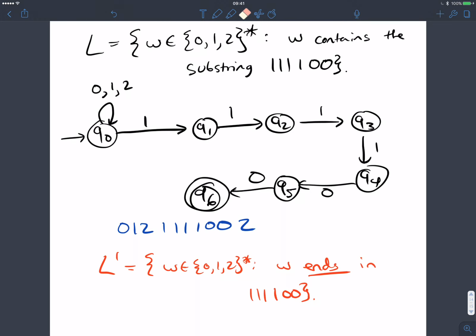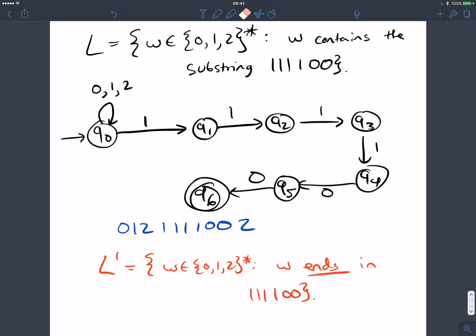If this string happens to end in 111100, then the non-deterministic choices made are up until that point, it'll do that self-loop in Q0, and when it finally sees that 1, it's going to do those 6 transitions over to Q6 and then accept. Well, if there's only one instance of 111100 and there's stuff afterward, the only way it could ever accept is if it went down that path, but then it gets to Q6 and there's more input to read.